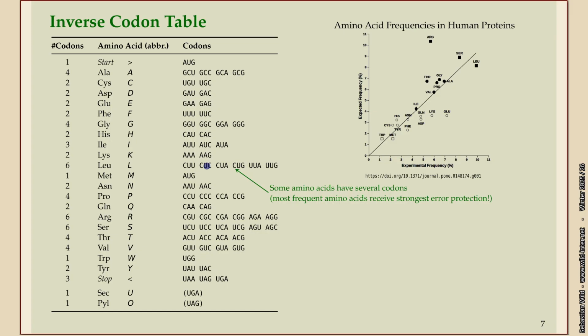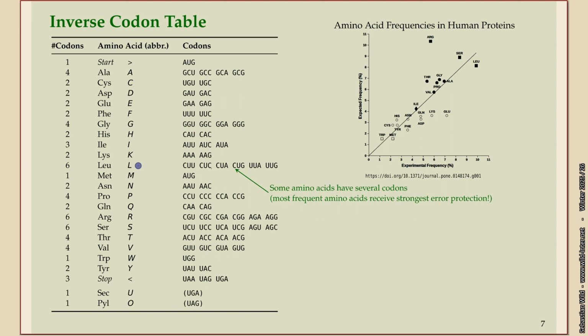If you have a mutation that turns this codon into this one, you replace this C by an A, the protein that comes out of that is still the same. And if you do that for an amino acid that's used a lot, there's more mutations that are not affecting the function.